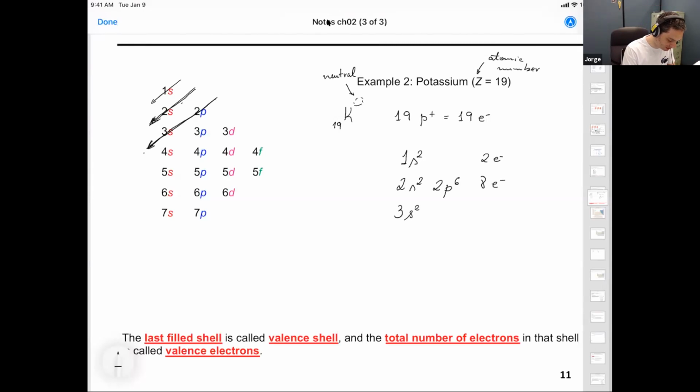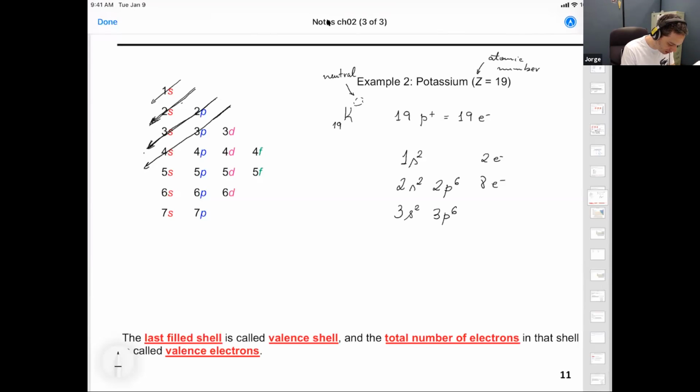After the 3s, go back to the top and trace the diagonal again. Next one after the 3s is the 3p shell. And here we are going to have 6 electrons. So far we have 18. So we are very close to getting the 19. Attention here, okay?